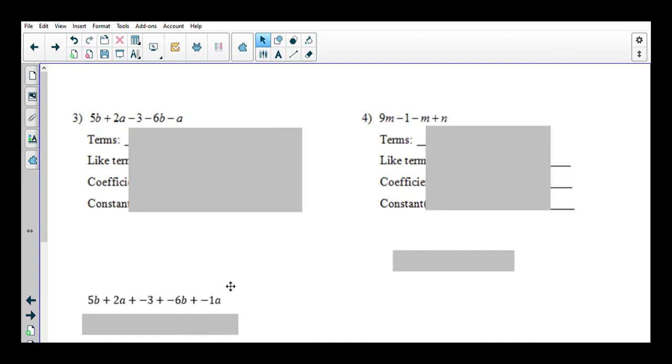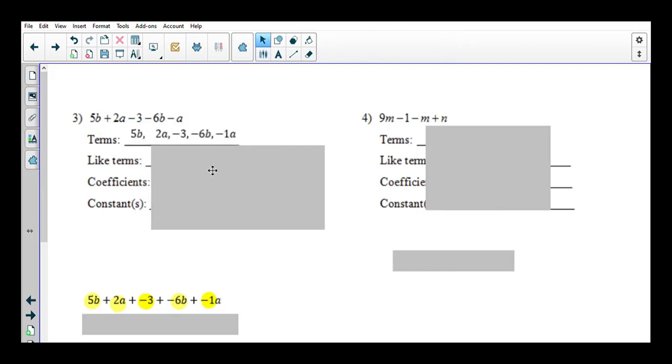This one happens to be a negative since we were subtracting a. So my terms, I'll highlight those. We've got 5b, 2a, negative 3, negative 6b, and negative 1a. So let's list those: 5b, 2a, negative 3, negative 6b, and negative 1a. They don't have to go in any particular order.